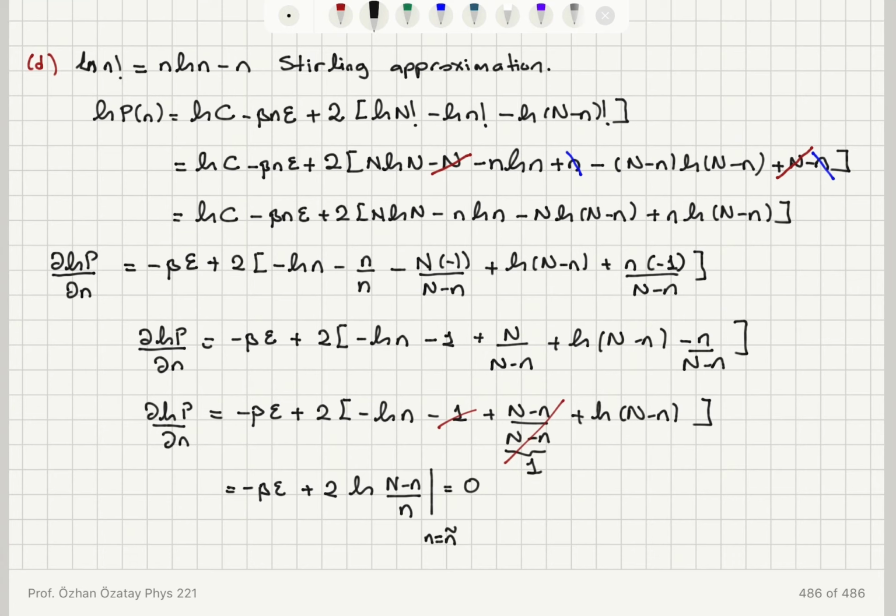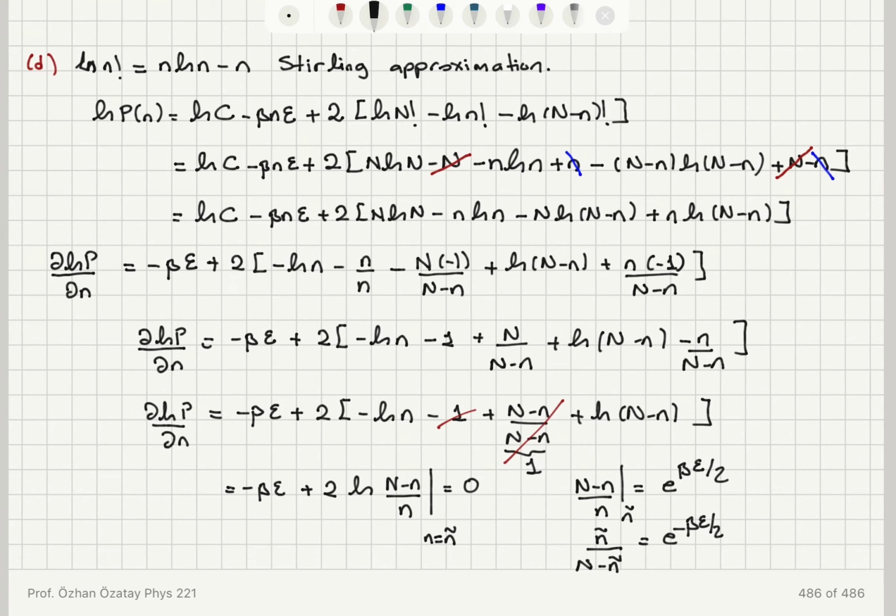So we will see that n tilde capital N minus n over n is equal to beta epsilon exponential beta epsilon over 2, or I can write this as n evaluated at n tilde divided by capital N minus n tilde is e to the minus beta epsilon over 2, and since n tilde is much less than capital N, I can neglect this term.